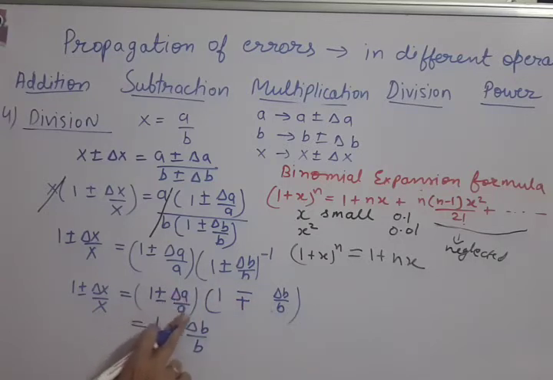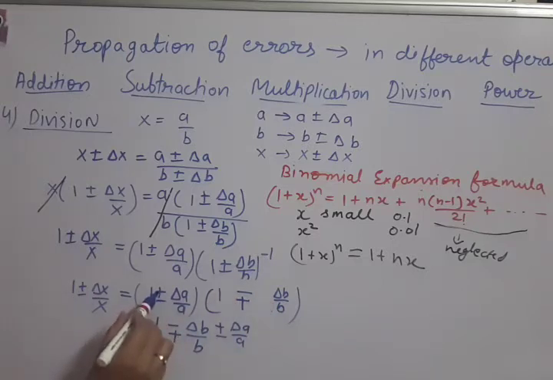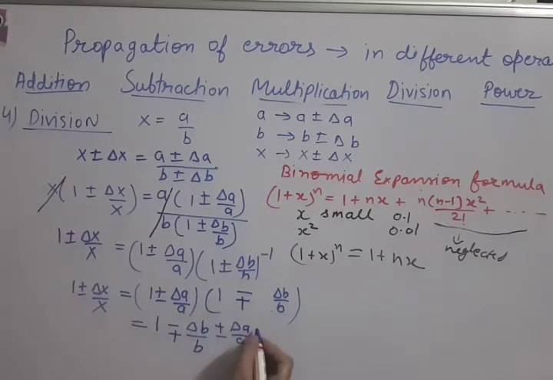So delta a upon a into 1. And this term is multiplied with this term. When I multiply plus with minus, I get minus sign. Plus with plus, I get plus sign. So this way, after all multiplication operations, we will get plus minus 2 signs here again. So delta a upon a, delta b upon b.